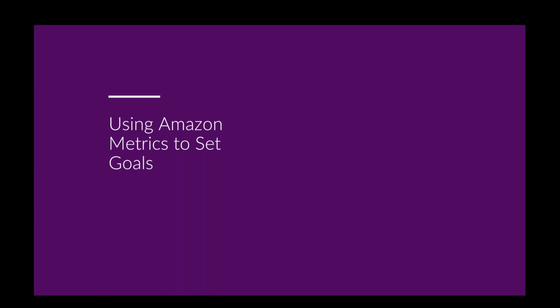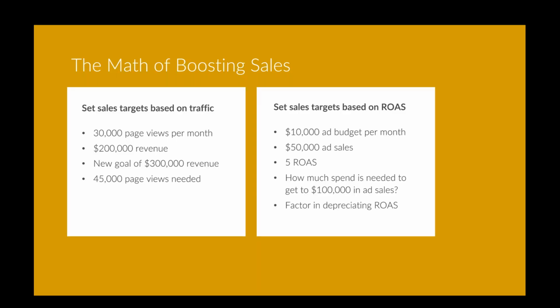Agreed. All right, so tying it all together, how do we use those metrics to set some goals? This is very important for all brands and should be an ongoing process, but there is some simple math here. Depending on which goals you're looking at, you can make adjustments and realize which goals impact each other.